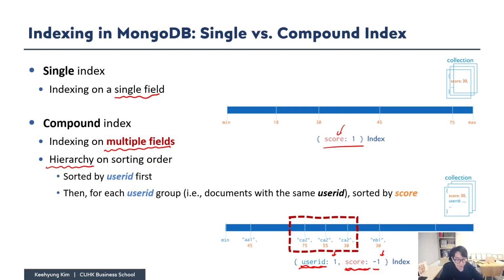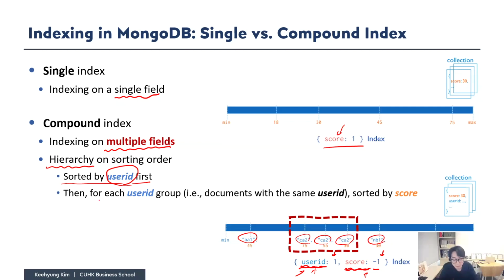So when you specify 2 fields like this, then at first, all the documents in a collection will be sorted by user ID first, because user ID is at the first level. So all the documents will be sorted based on user ID, AA1, CA2, CA2, CA2, NB1, XYZ, something like this.